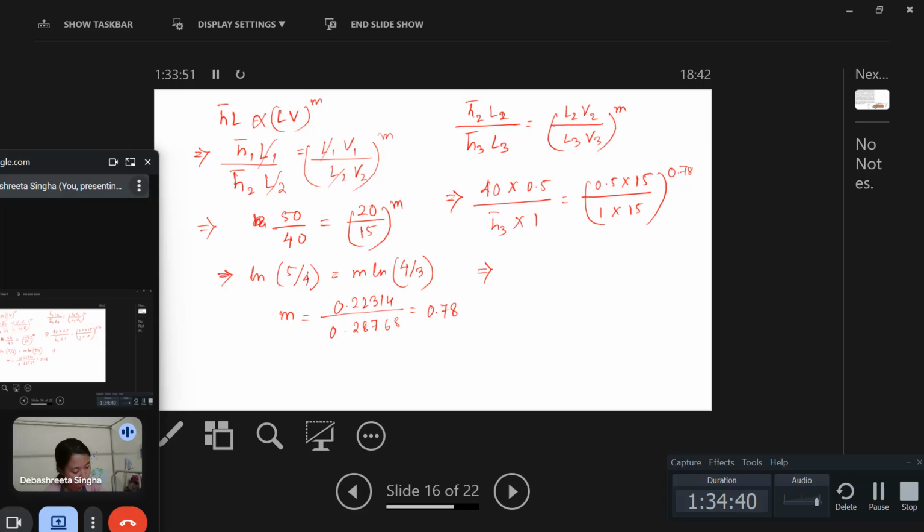So how much do you get? This is 20 divided by H3 bar. This is equal to, 15 and 15 you can cancel, 0.5 to the power 0.78. How much will this become?